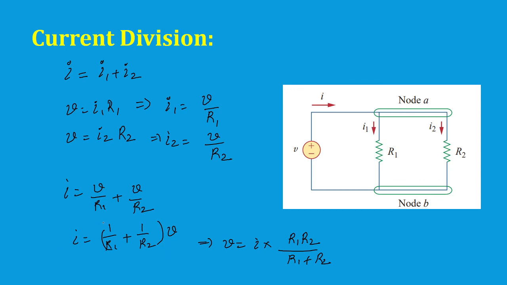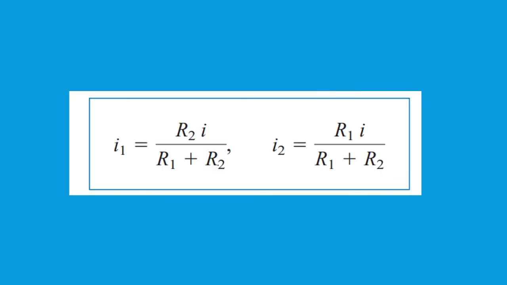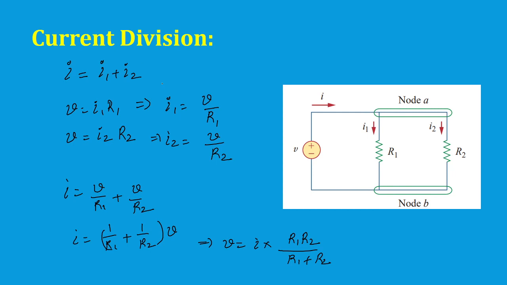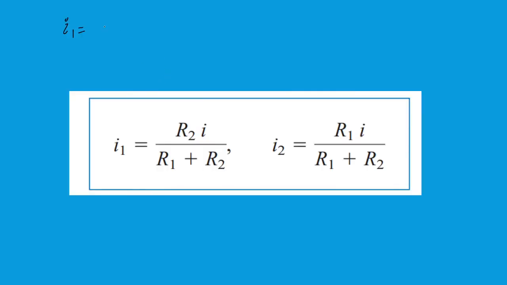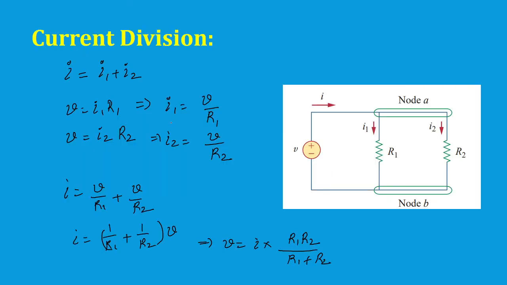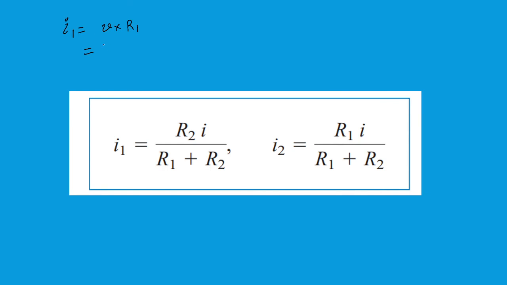If you want to calculate I1, I1 is going to be V by R1. What V did we get? We got V is equal to I into R1 R2 by R1 plus R2.